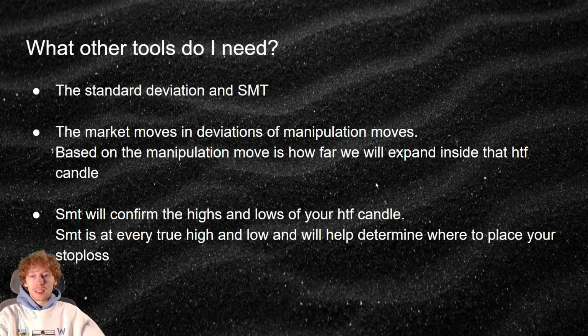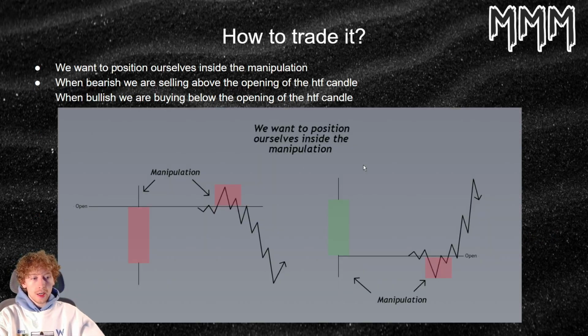So the market moves in deviations of manipulation, based on the manipulation move and how far it expands. So if I go back one candle here, I'm going to be showing you more examples, and we're going to get into the charts, obviously, but you want to have an understanding of what's happening first. And this manipulation move above the opening price, you can put the standard deviation from this high to this low and project to the downside.